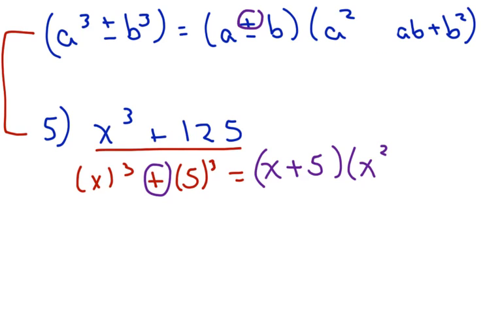So this is plus and minus, no, minus plus. So in this case, we're going to use minus 5x plus 5 squared is 25. And you have factored completely.